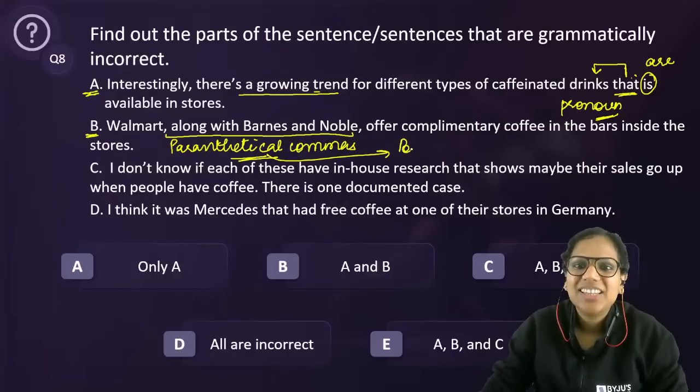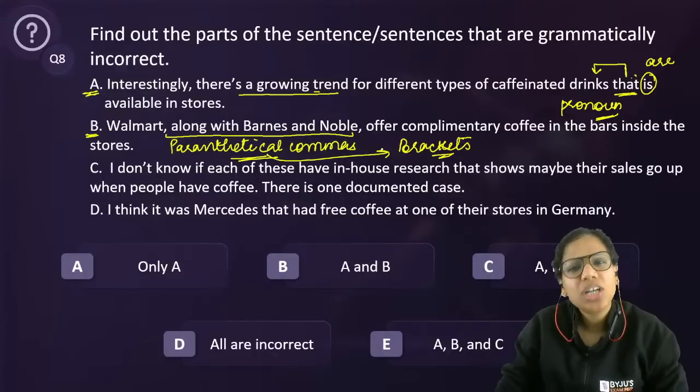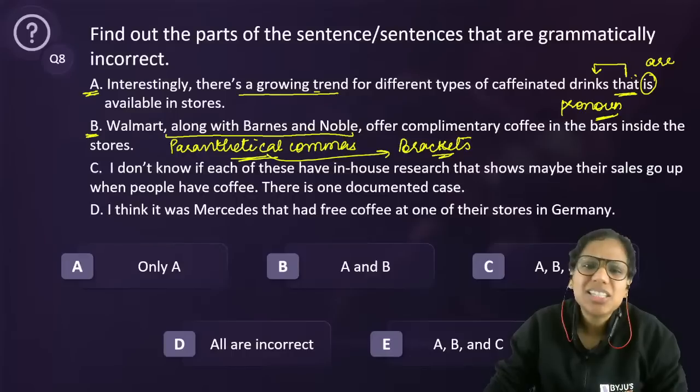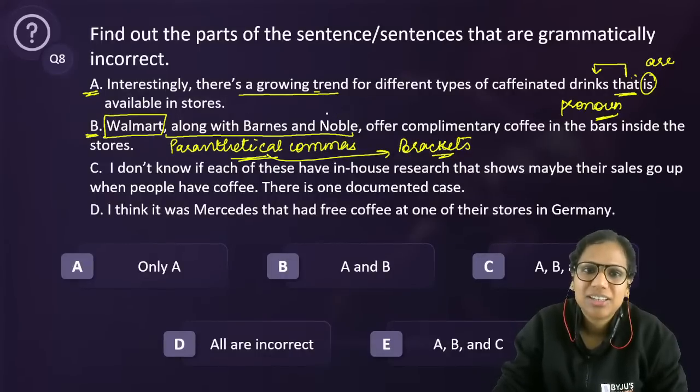Brackets. These commas are as good as brackets. And what kind of information do we put in brackets? We put additional information in brackets, not main information, not essential information. So that means this is inessential information. The subject is still Walmart. This does not become a part of the subject. This is additional. Subject Walmart hai.